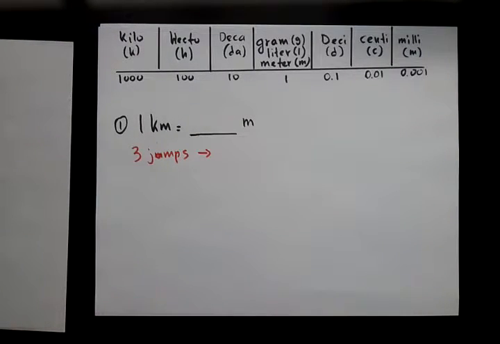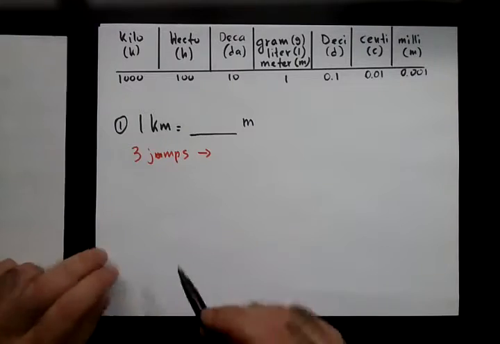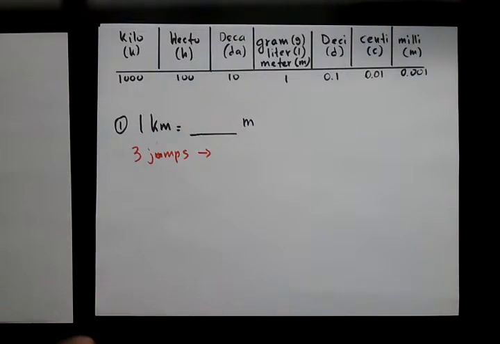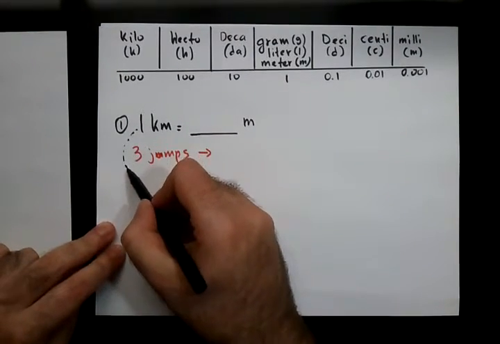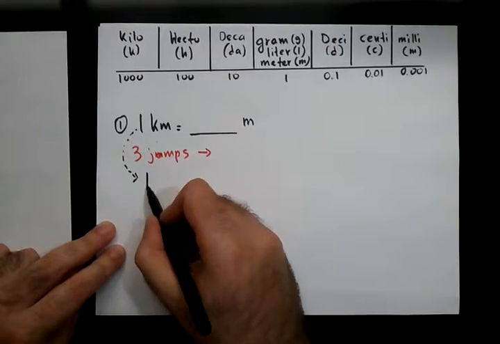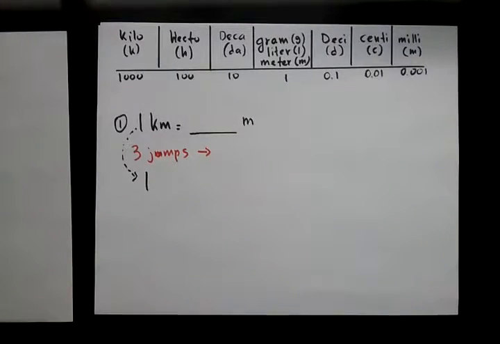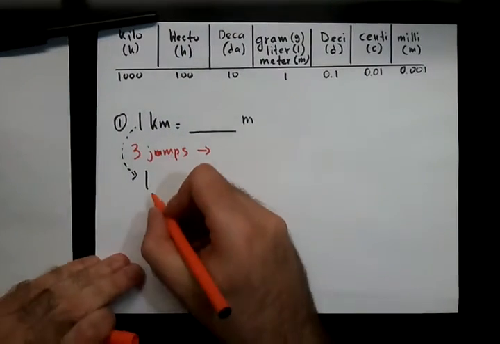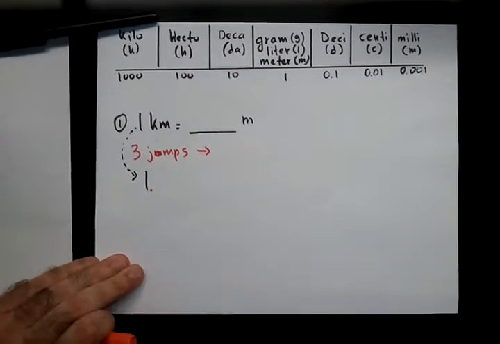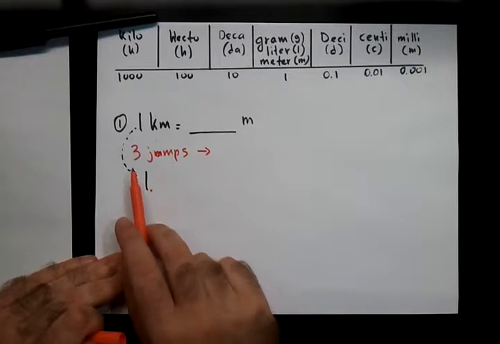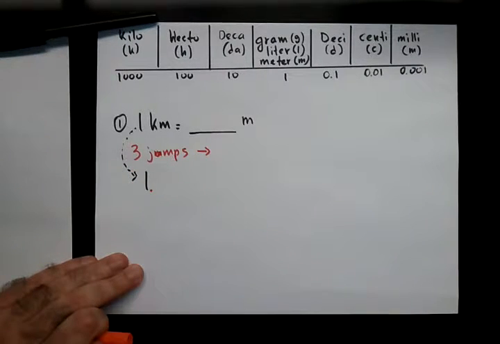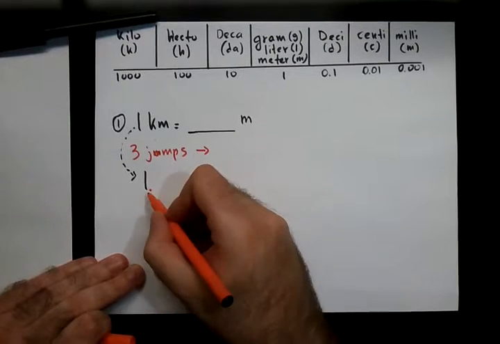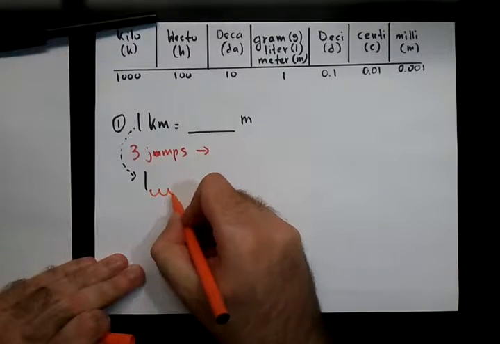So what does that mean? That means we're going to look at our number here. So I'm going to rewrite it here. And then we're going to look at the decimal. Right now the decimal is right after the number, right here. We jumped 3 times and we jumped in the right direction. That tells us move the decimal right 3 times. 1, 2, 3.